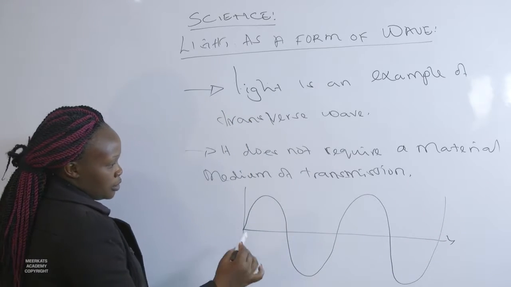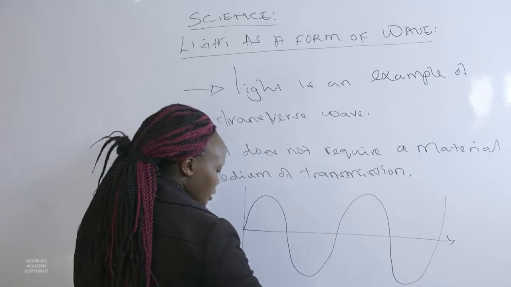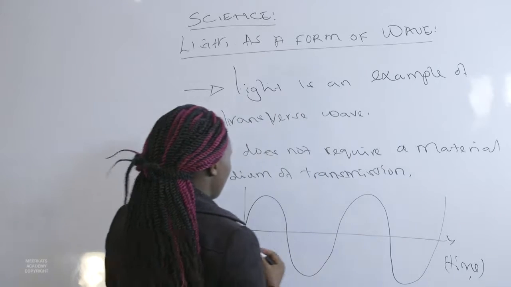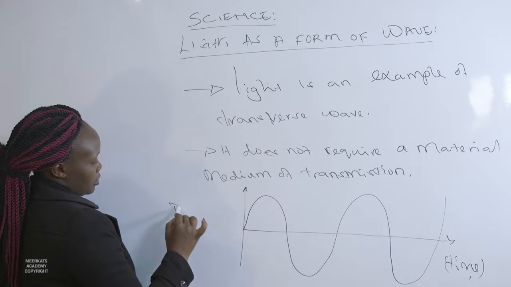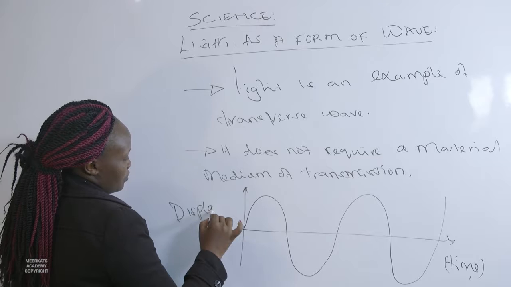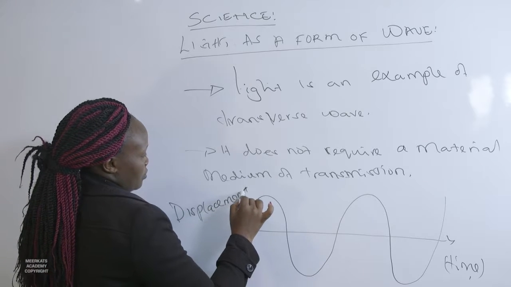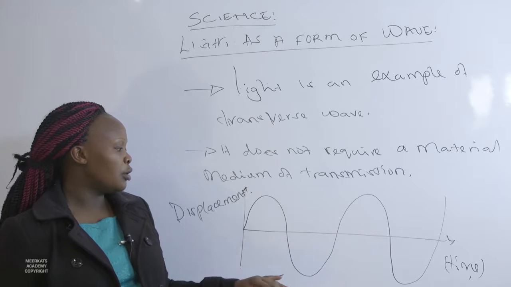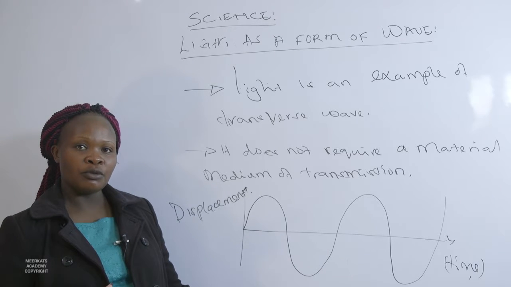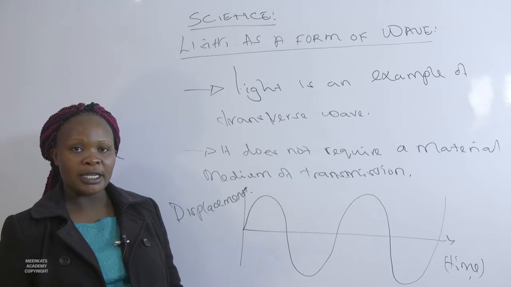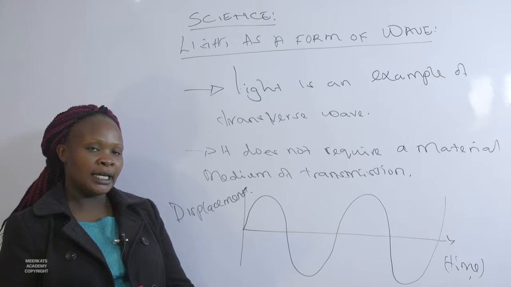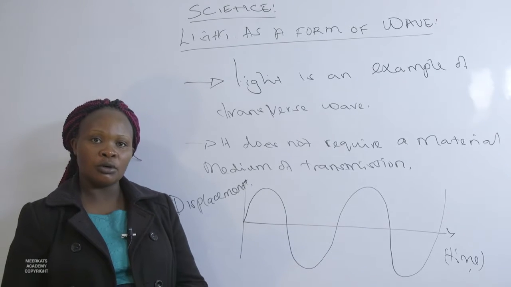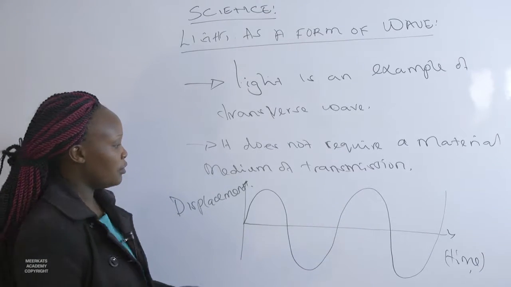And we did plot time against displacement, where we were able to point out that a particle in the path of movement of a transverse wave is actually displaced in a direction which is perpendicular to the direction of motion of the wave.